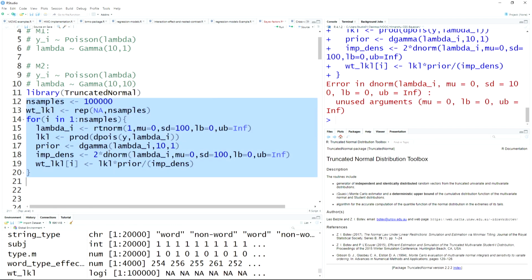So, let me run this. Okay, these are unused arguments here.